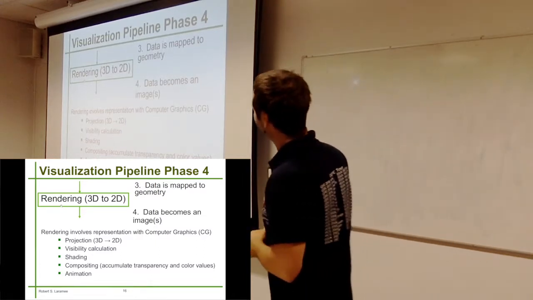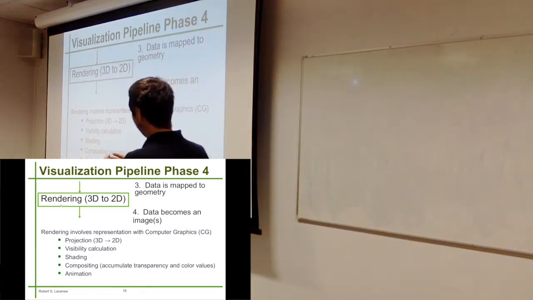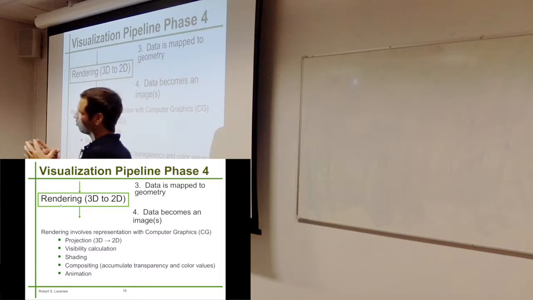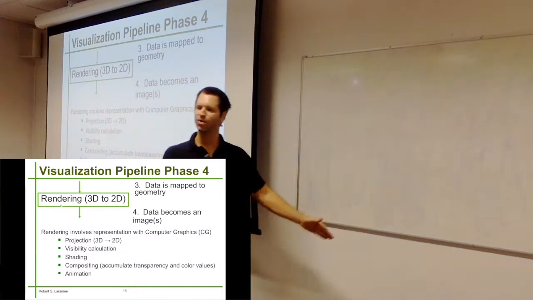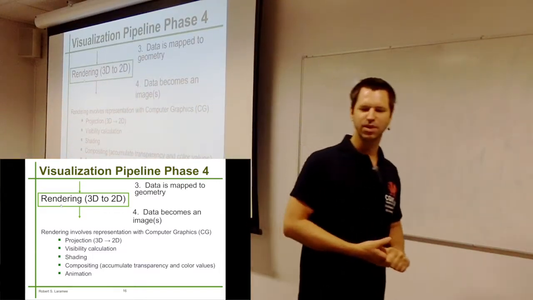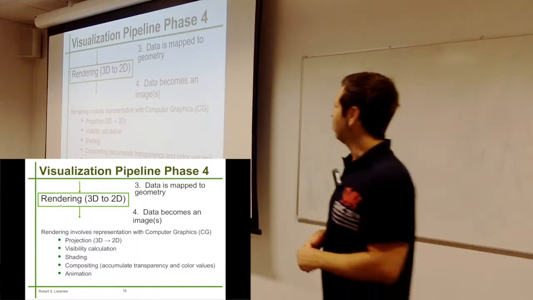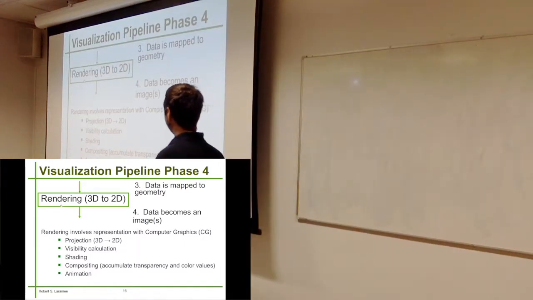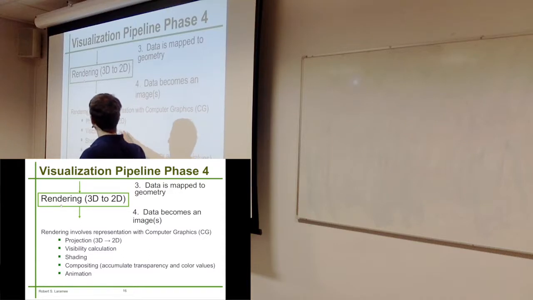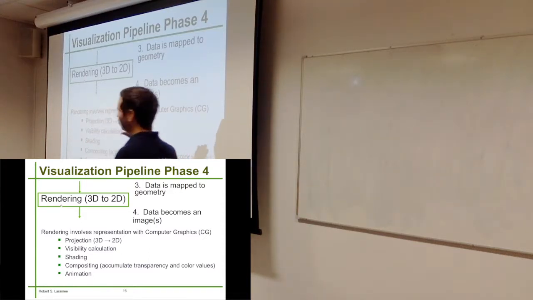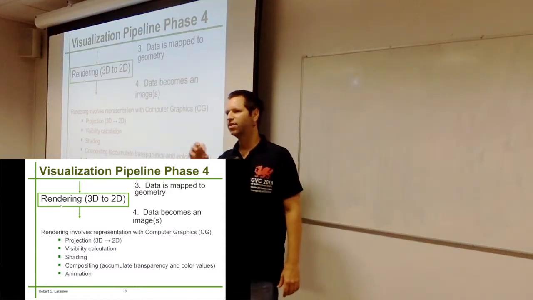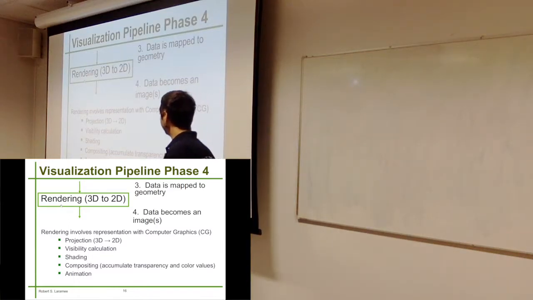And then finally, there's the rendering. Once we've got all the data mapped to some geometric primitive, we send it down the graphics pipeline, so to speak. That could involve a projection from 3D to 2D. There are things like visibility calculations. You could add shading. Shading is always nice to add to your images.